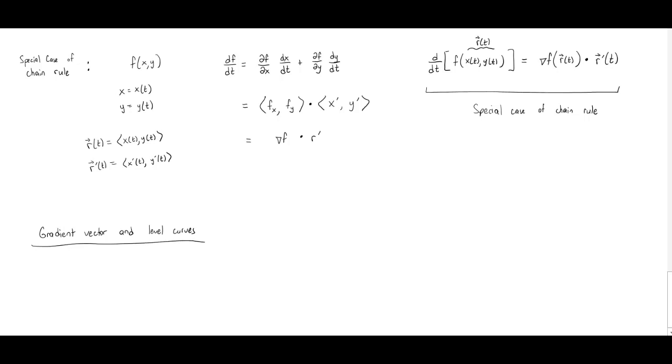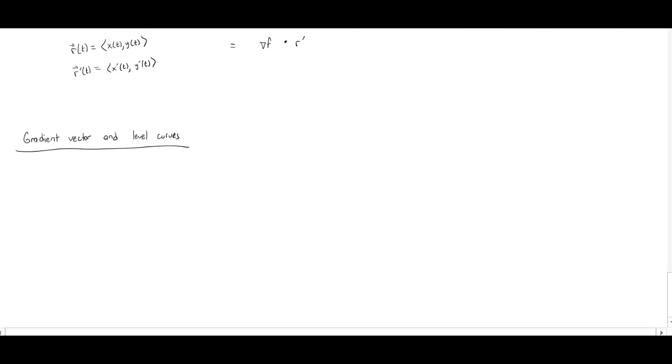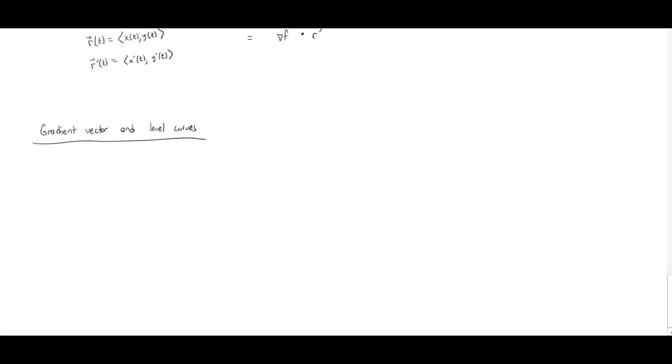So I'm going to talk about gradient vectors in the context of level curves. Now let's suppose that I'm looking at a level curve. Do you guys remember what a level curve was?